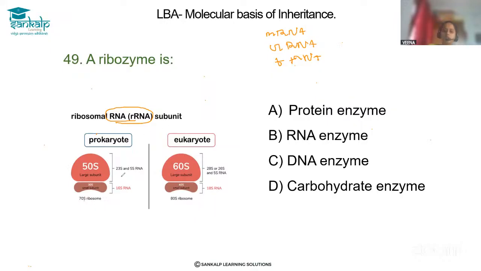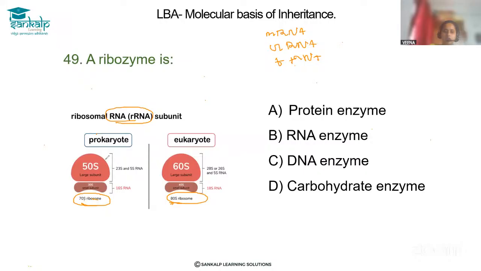In prokaryotes, it is called the 70S ribosome, measured in Svedberg units, and in eukaryotes, it is called the 80S ribosome.